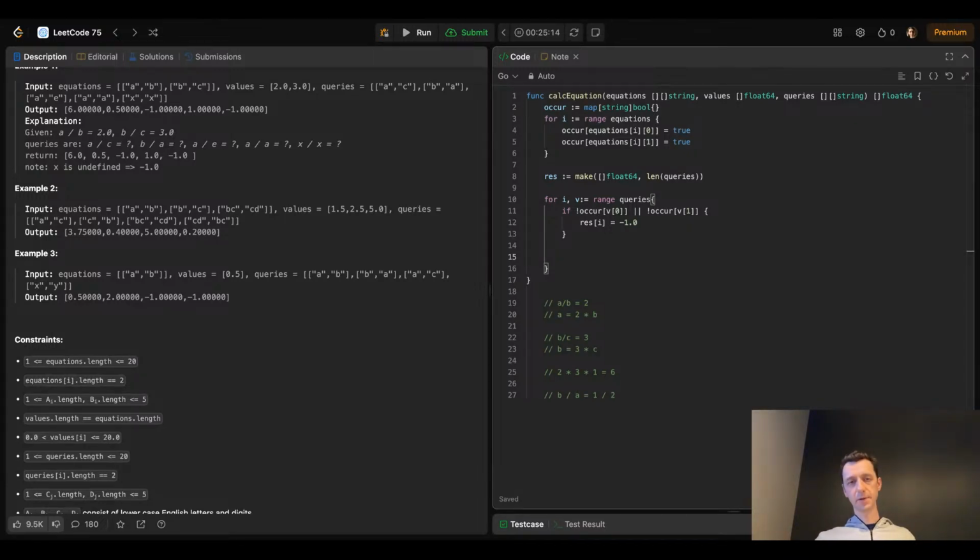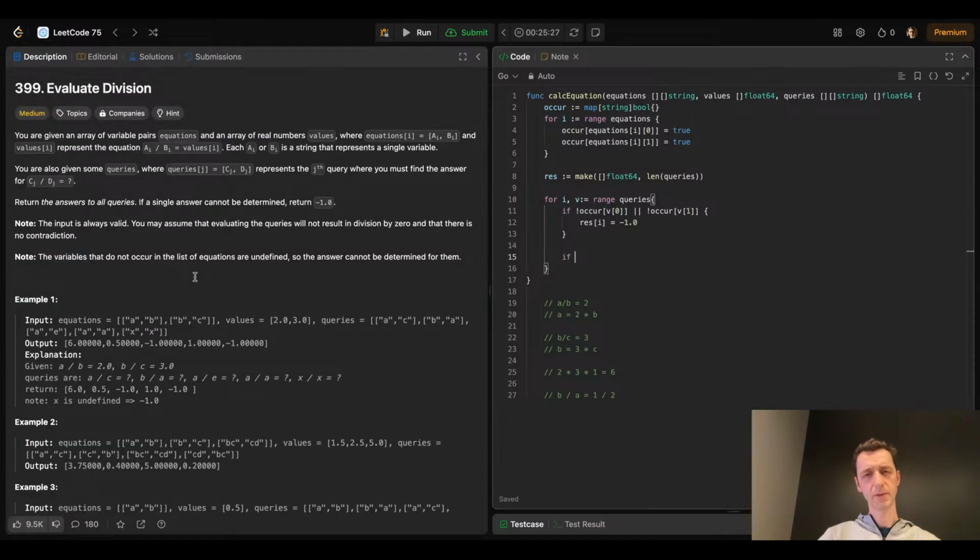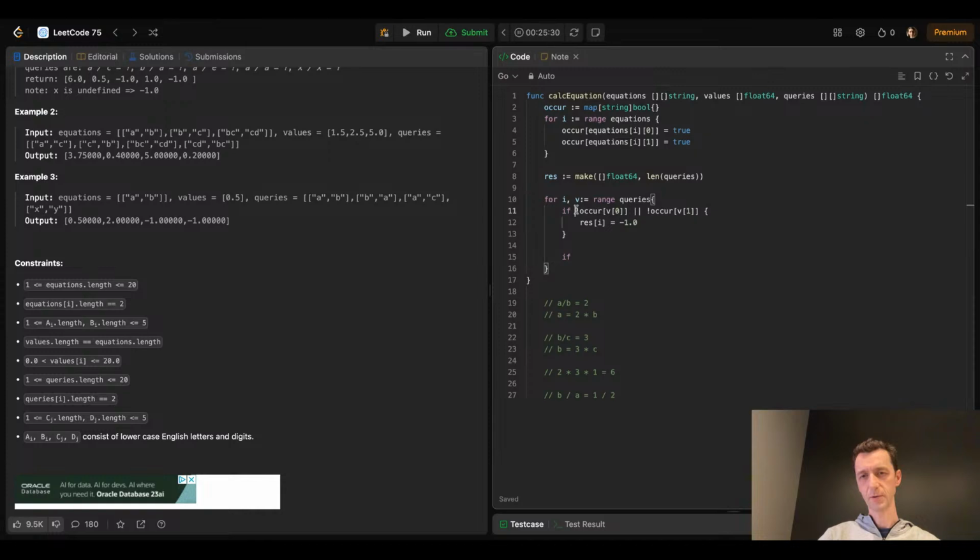Another case is if they both exist, but they are equal, we just return 1. Where is DFS here? I'm still trying to understand. If value 0 equals value 1, then result i is 1.